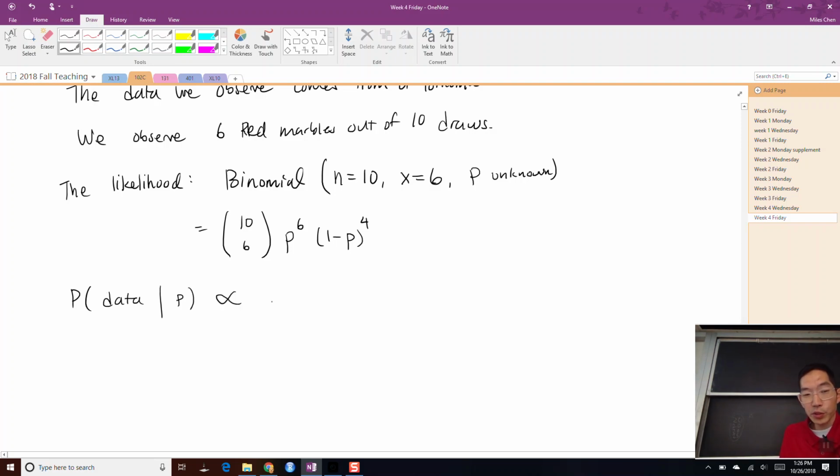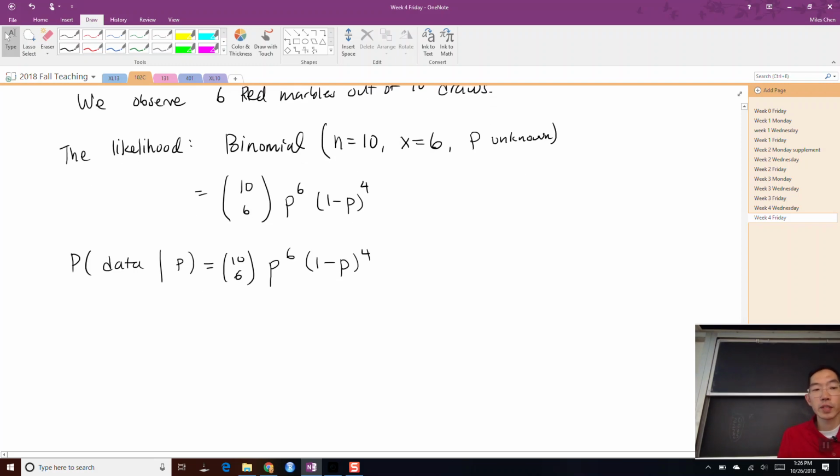It is proportional to p to the 6th times 1 minus p to the 4th. Or I guess I'll say it's equal to 10 choose 6 times that. All right, so this is our likelihood. Now, the prior distribution.